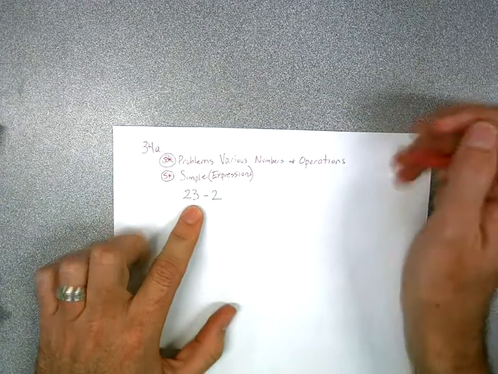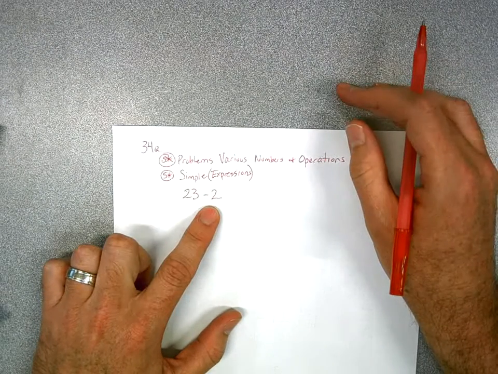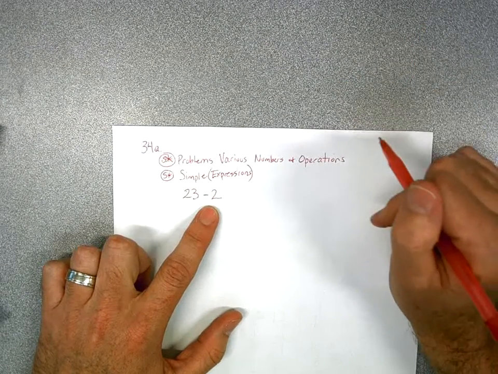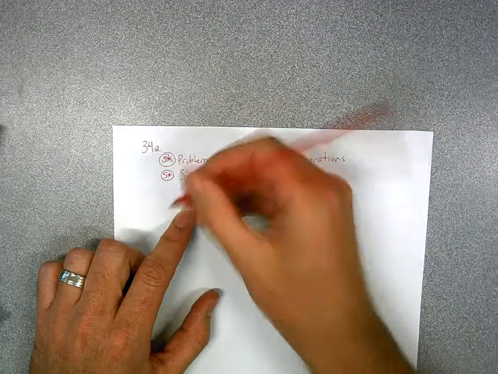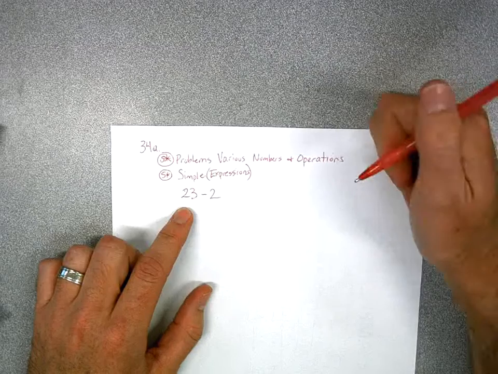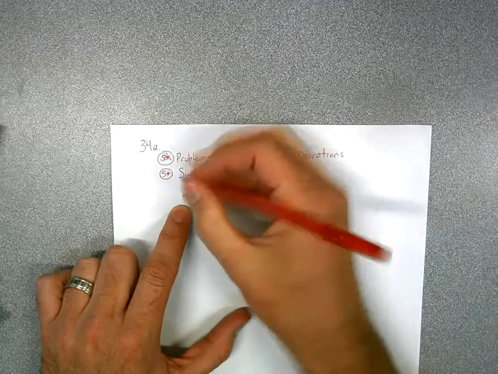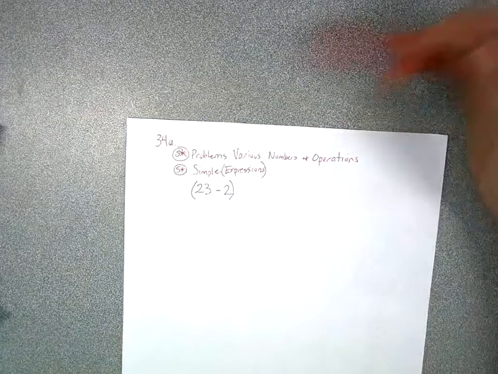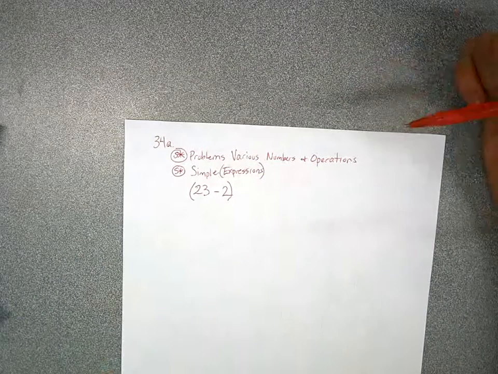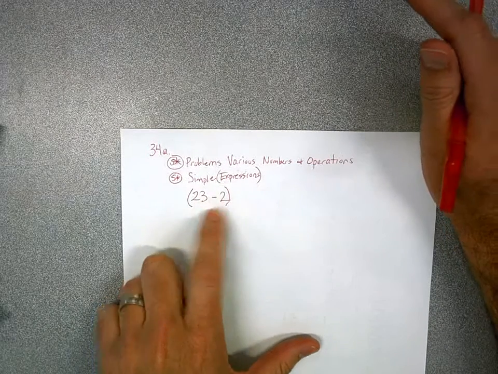Now, here's the thing. This is going to give us the price for 1 pair of jeans. However, Grace didn't buy 1 pair. She bought 4 pair. Now, just don't plop out a times 4 here, right? Because this whole expression has to represent 1 pair of jeans. So to be able to keep that expression together, we're going to put parentheses around it, because that value, that $21 we said earlier, is for 1 pair.